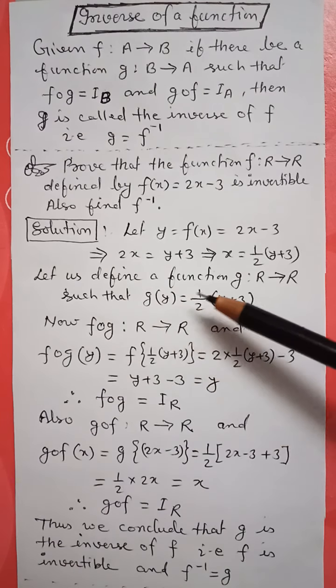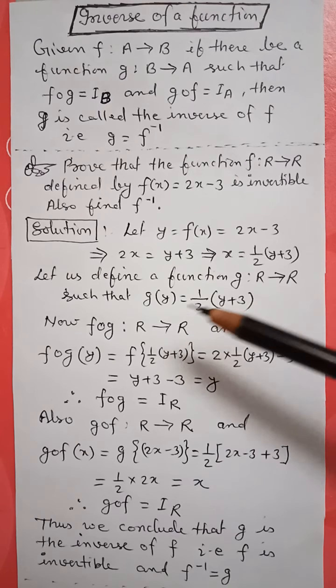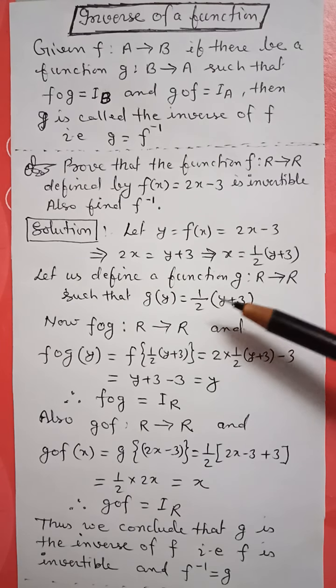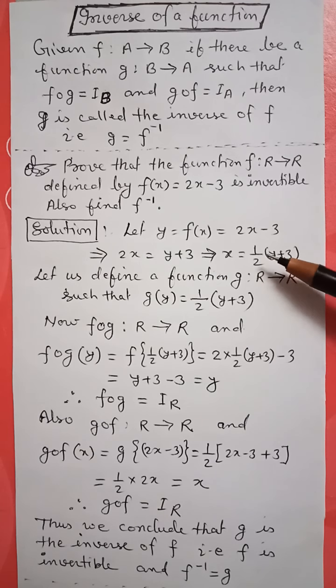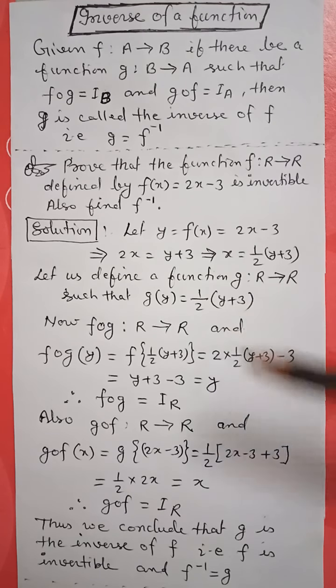Let us define a function g from R to R such that g of y is equal to half of y plus 3, because here this is half of y plus 3.